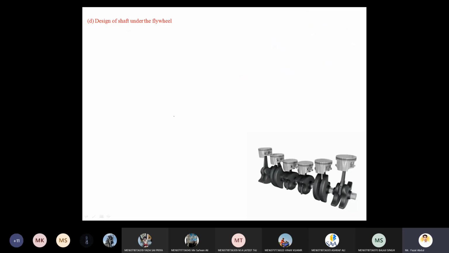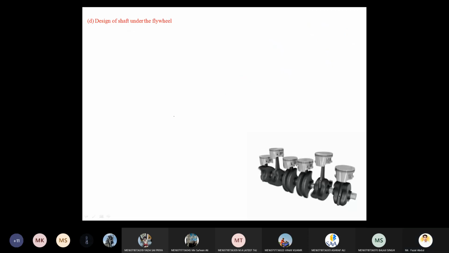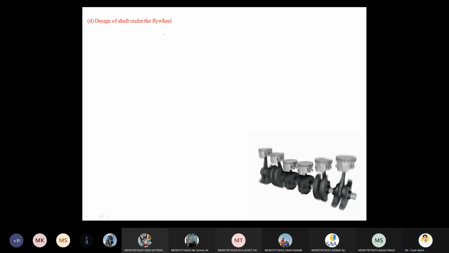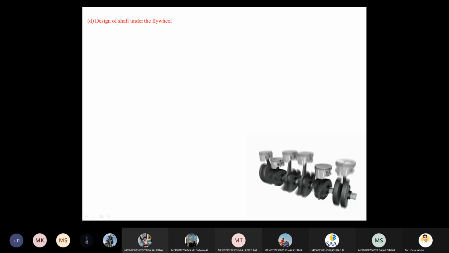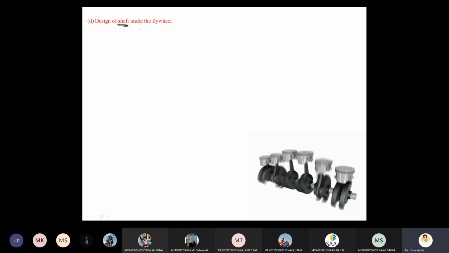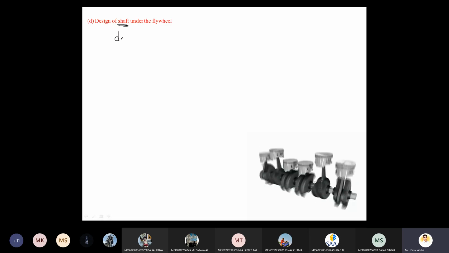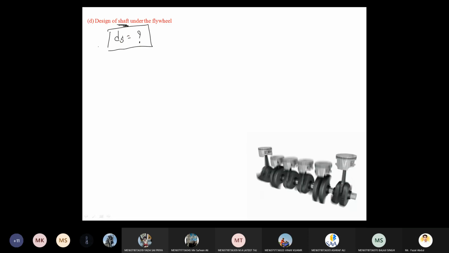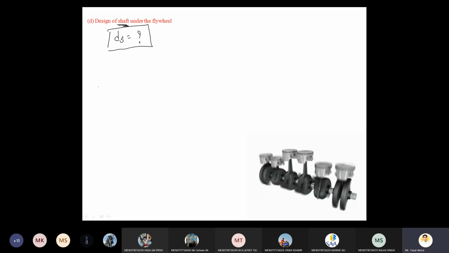And the fourth point is design of the shaft under the flywheel. So what we are going to design here is the shaft diameter. So shaft diameter ds in mm.